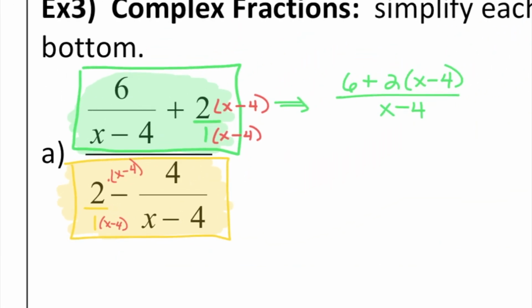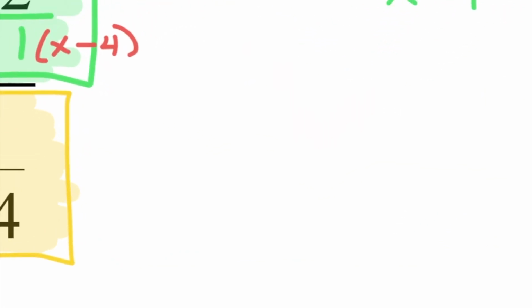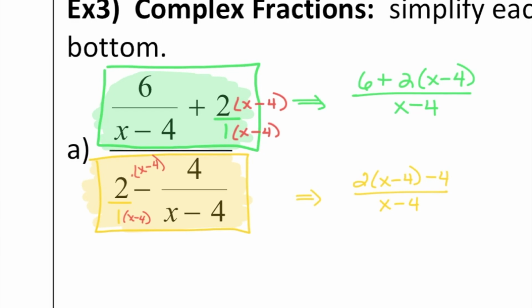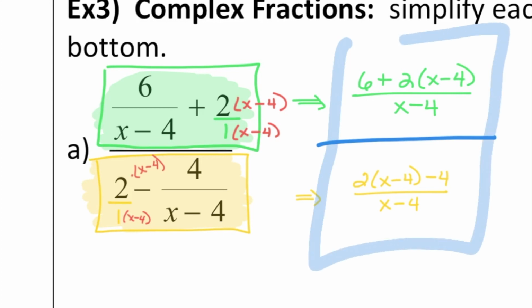And so that whole denominator then becomes 2 times x minus 4 and then minus 4 over x minus 4. And that whole thing then is one massive fraction. This is the next step in what was being simplified.